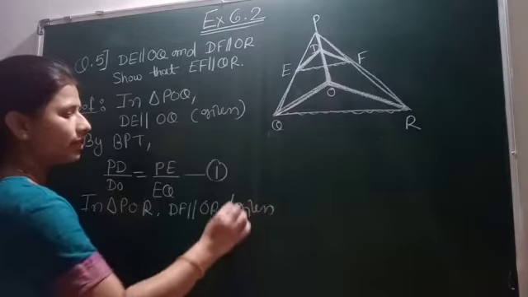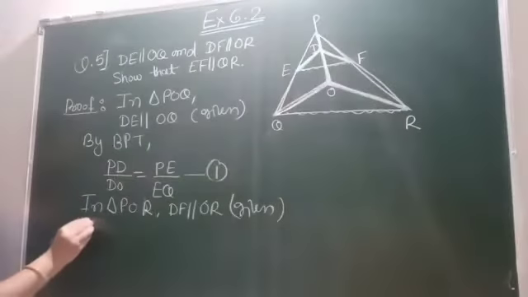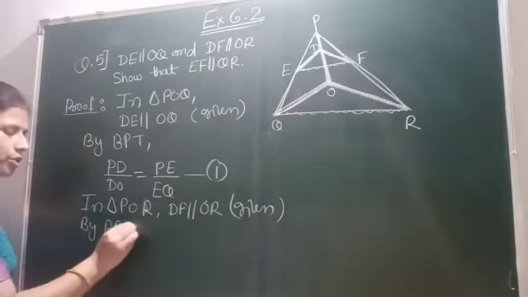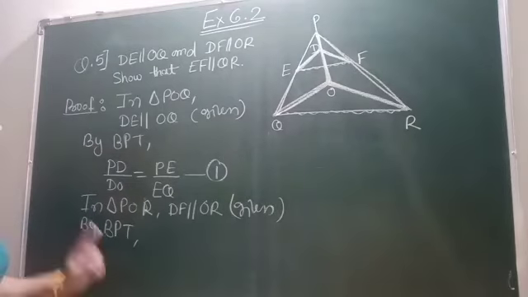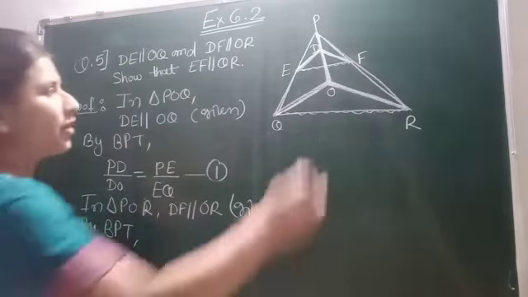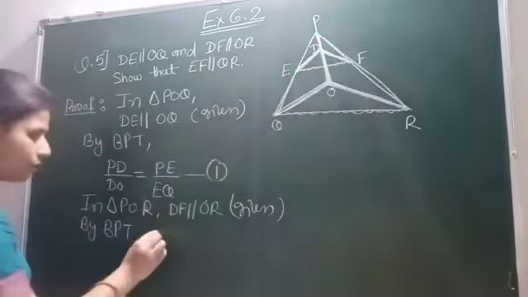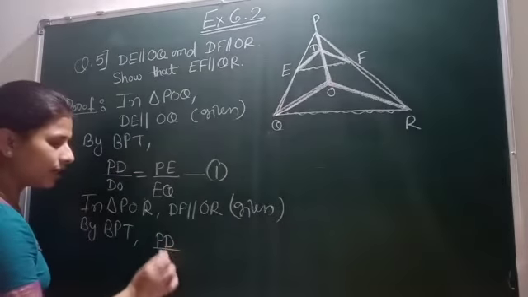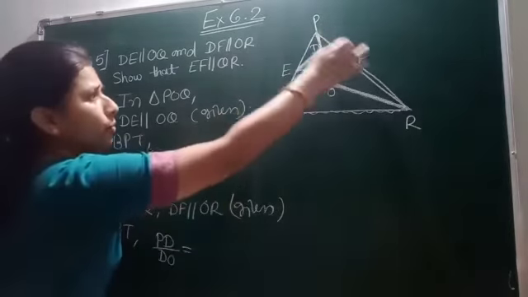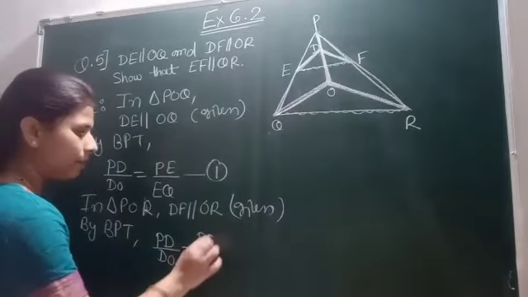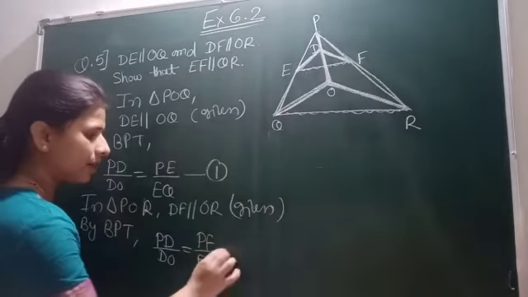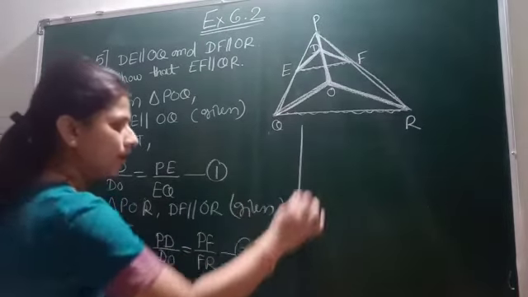It is given that. So we can apply here basic proportionality theorem, and according to this theorem, what we will get? PD upon DO will equals to PF upon FR. This one is our equation number 2.